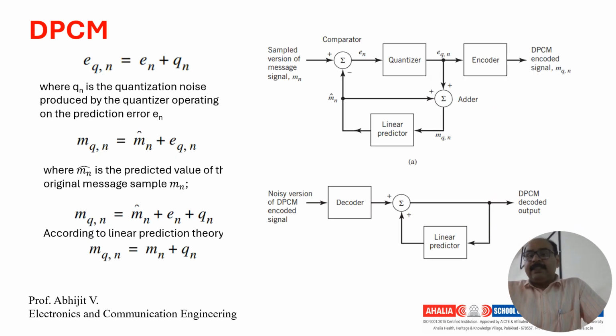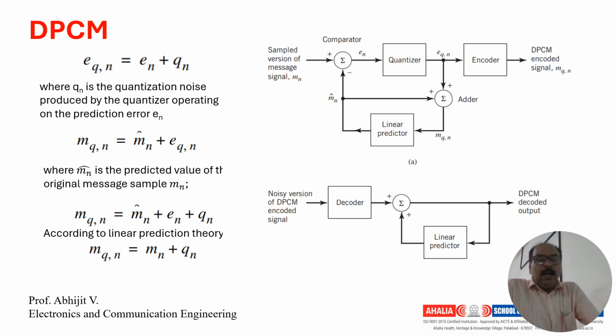So let us study the method which is applied for differential pulse code modulation. The difference is given by e[n] plus q[n], where e[n] is the difference here.